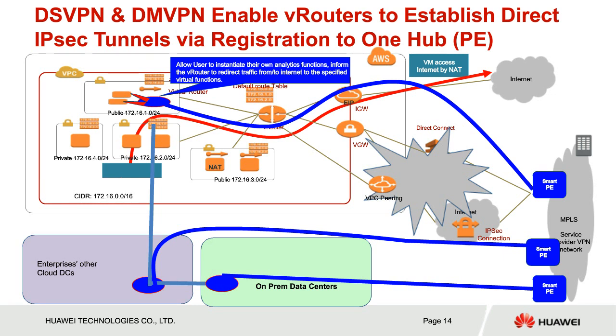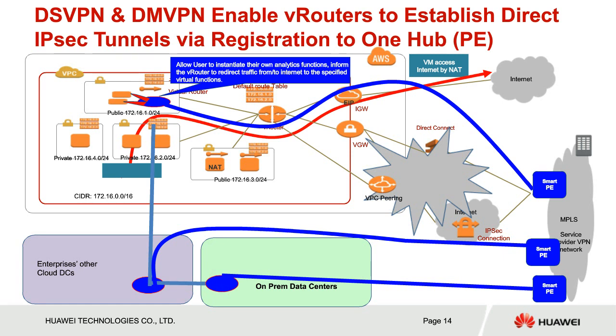But the problem is you have all those virtual routers, and if they need to communicate with each other without any additional protocols or manual configurations, all the traffic has to be hairpinned back to the PE and then sent to another data center, right? So for many years in the industry, there's been a protocol called DSVPN, Dynamic Smart VPN, or DMVPN, Dynamic Multipoint VPN.